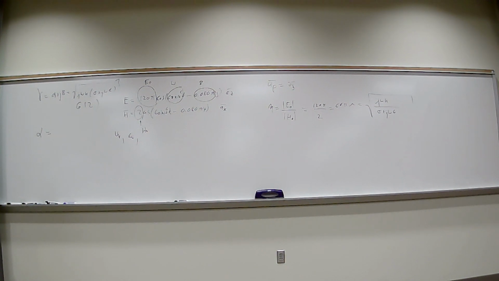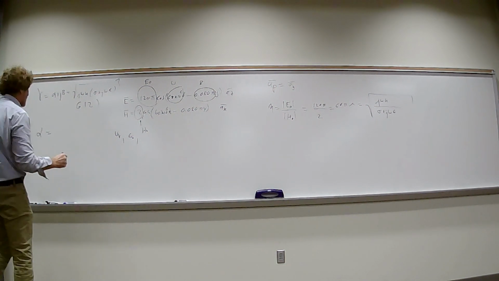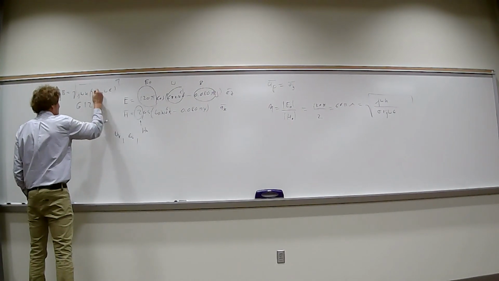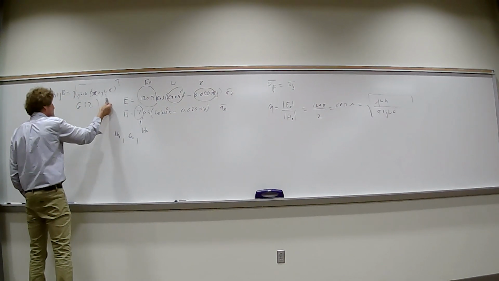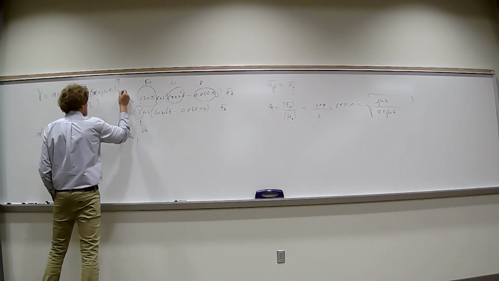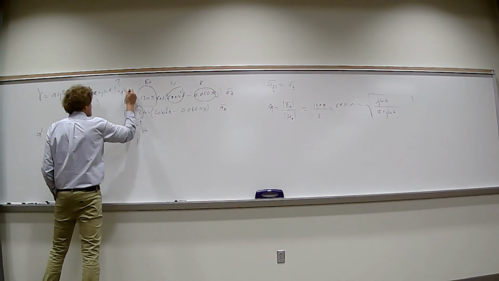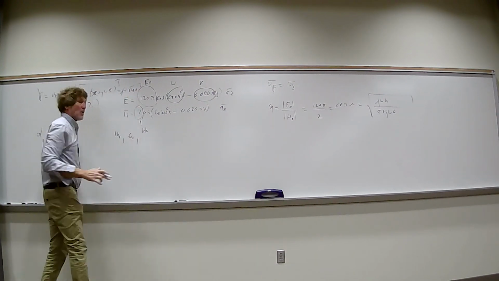Now, if sigma is 0, then this is just j omega times j omega, which is j omega squared, square root, so this becomes j omega times square root of mu epsilon. Do you all follow me on that?